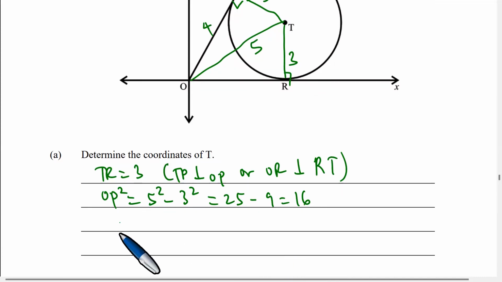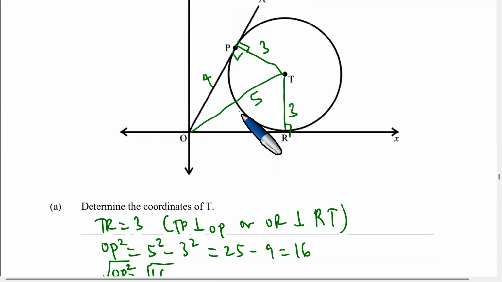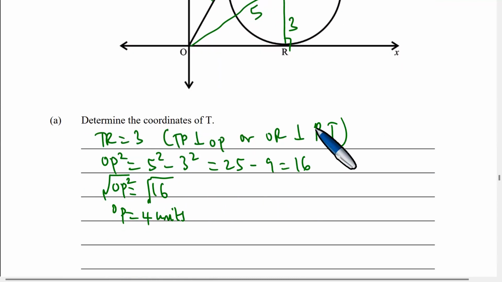So OP squared is 16, which means OP is 4 units. OP and OR are equal because they're tangents drawn from the same point. So OR is also equal to 4 units.